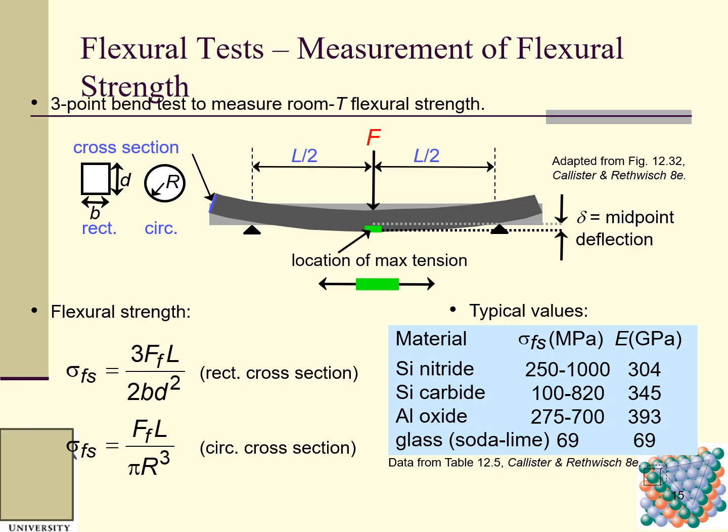The previous slide is used to measure the Young's modulus, so you don't need to apply the load until the sample fractures. But this one is used for measuring the fractal strength, so you need to keep increasing F until the material fractures at this point. This is the difference between these two slides. Any questions so far? No question. Move on to the next one.